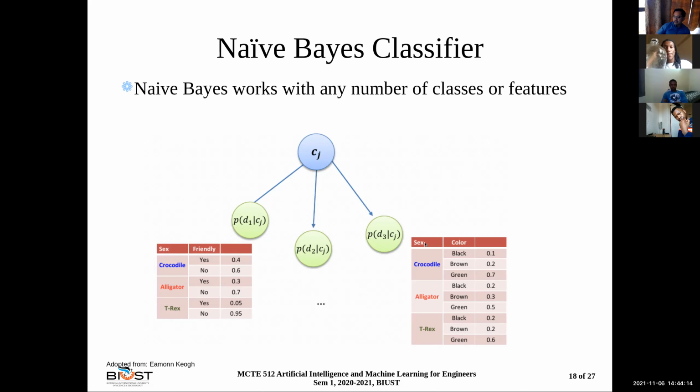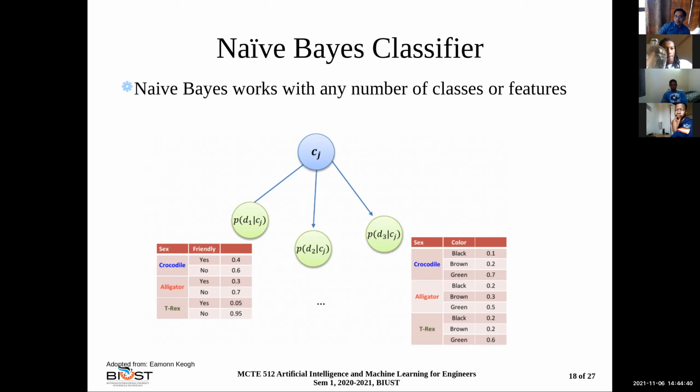And then for the same instance or class, crocodile, alligator, and T-Rex, there is their color. So we can have all these probabilities based on the given class of alligator, crocodile, and T-Rex, and all the other features. We consider that, and then we multiply everything.